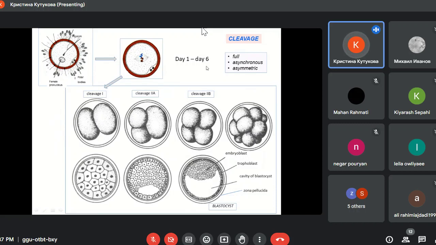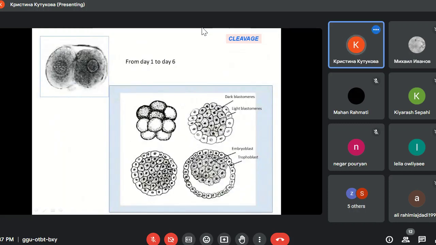By day 6, the embryo, which will have the form of a blastocyst, should enter the uterus, where the next stage will take place. So cleavage is from day 1 to day 6.